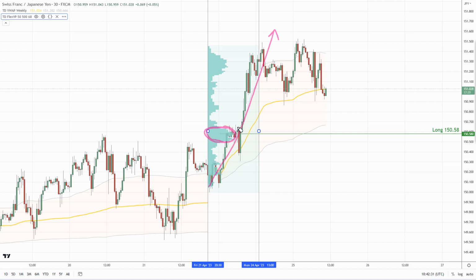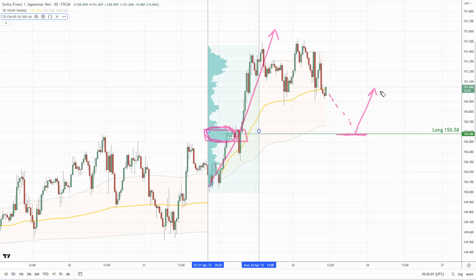So this is an important zone for those buyers, and when the price retraces back to that zone, it is likely that those buyers will start to react and they'll want to defend this zone, so they'll want to push the price upwards from there again, right? Because this zone is important for them because they placed a lot of the longs there, so that's why they should defend it and push the price upwards from there again.